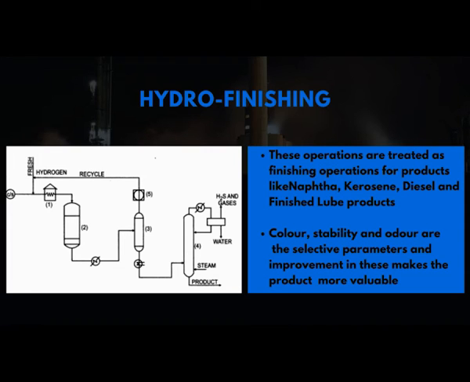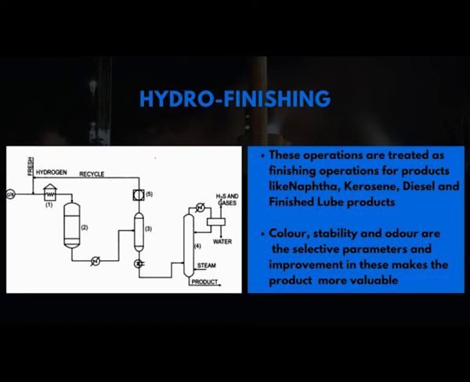For example, it is just not enough to reduce the sulfur content in the finished lube oil. We are also supposed to improve its color. If the lubricant has a turbid color or brown color, then market acceptance is minimal. In order for customers to accept the lubricants, they need to have a bright color.